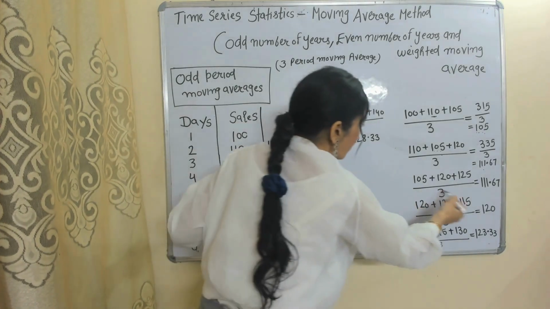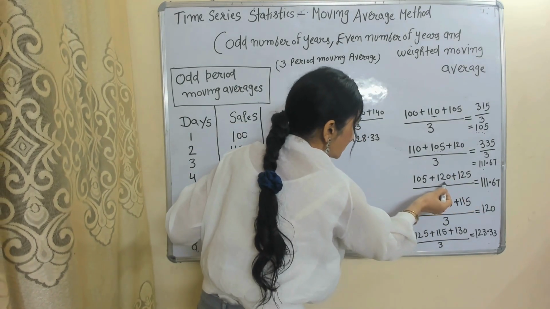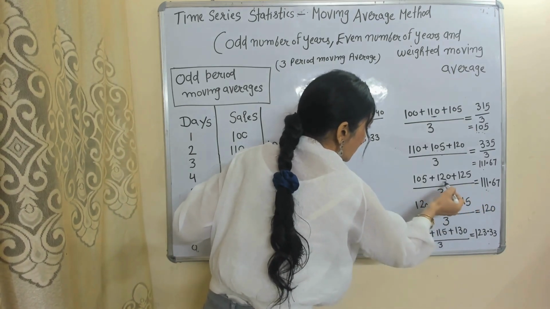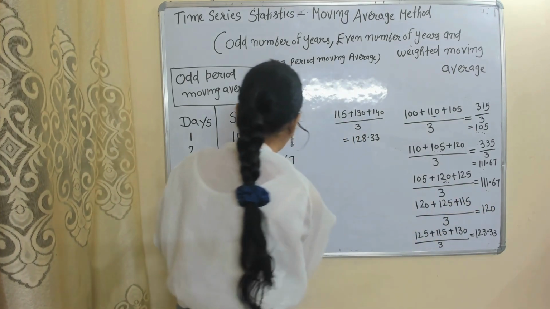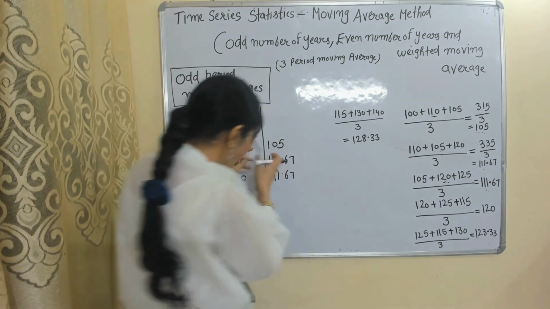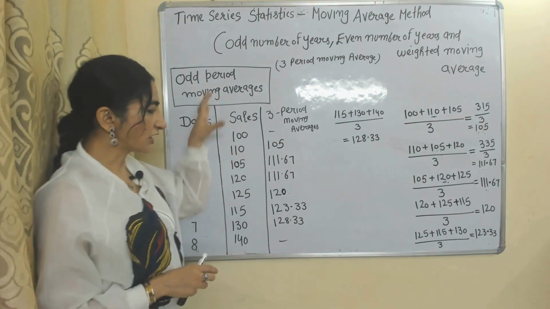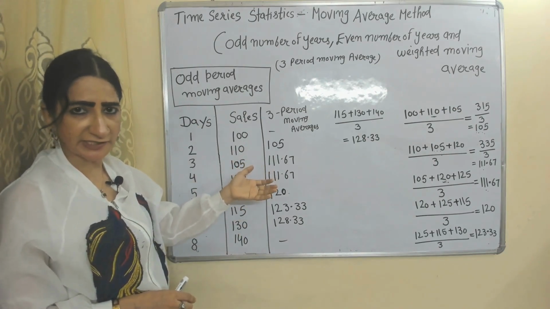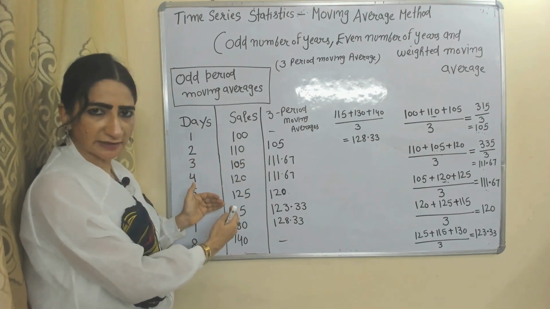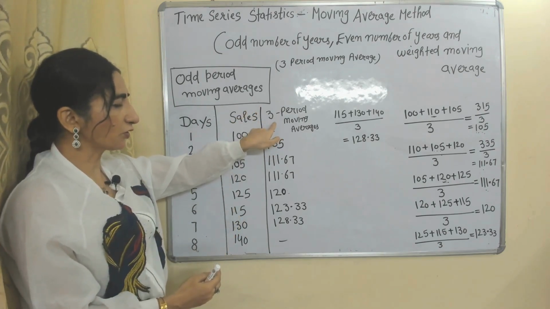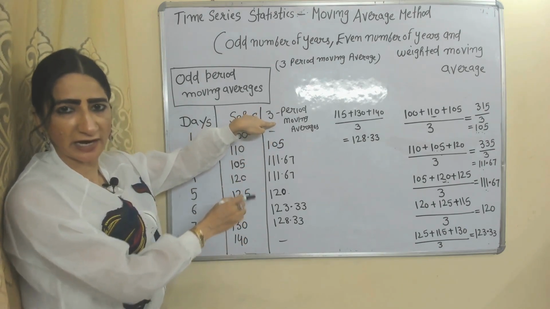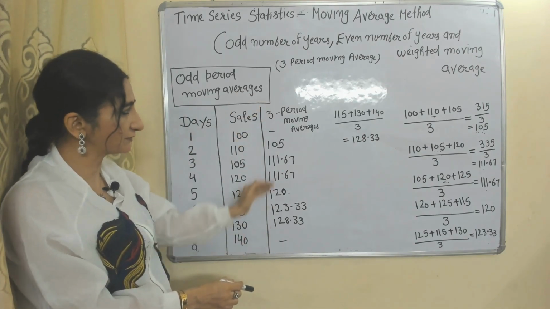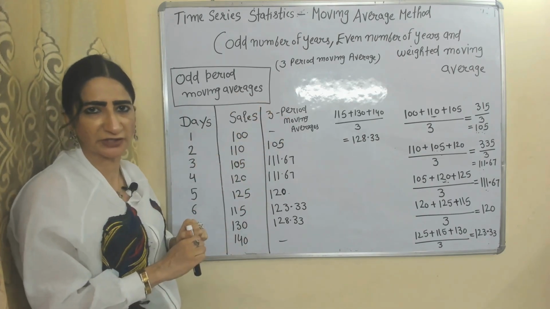Similarly, the average of these numbers is this one, the center number is 120, so we write this number in front of 120. Similarly we will do for the remaining numbers. Now we have written each average in front of its center number. These values will be called three period moving averages.